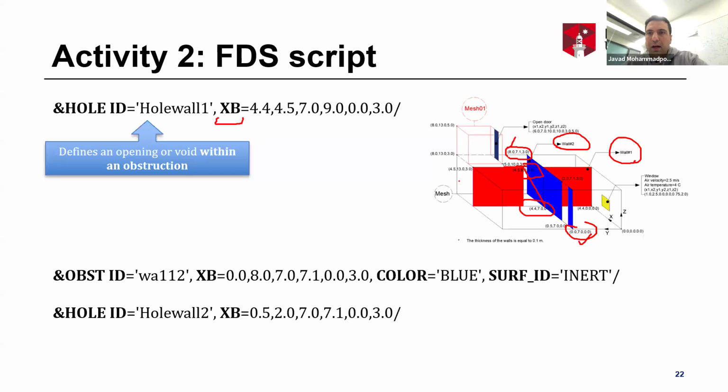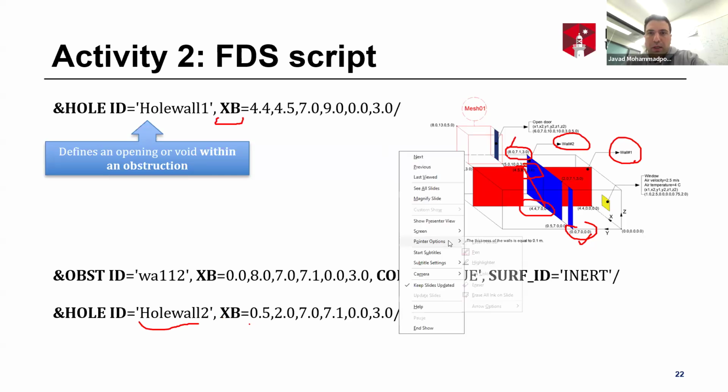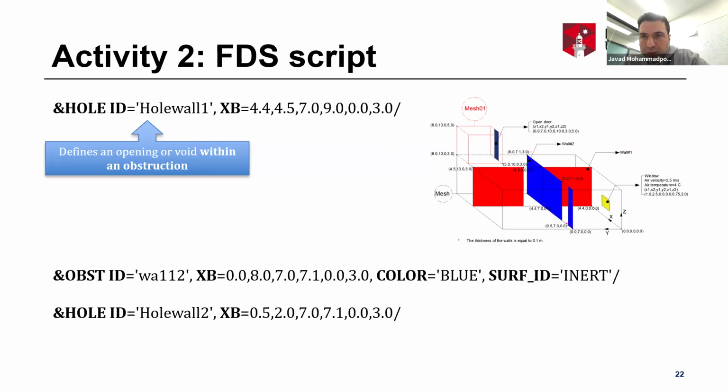And again, on your wall, you have an opening for the hole. So you need to define the hole ID as a hole for the wall 2. And what is the coordination? The coordination is like this. It starts from this point and goes to this point.